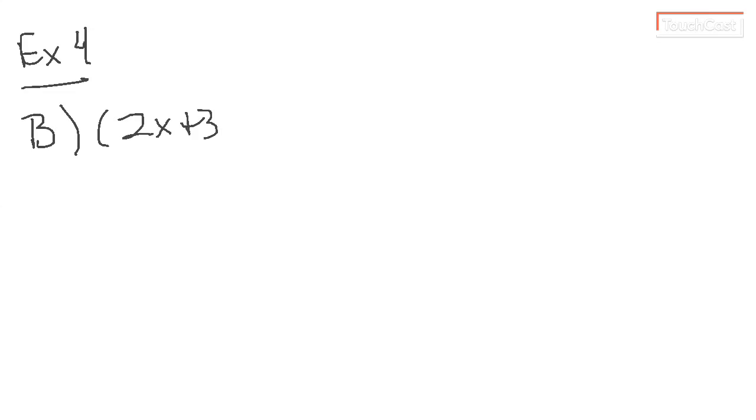I've said I've got one other method, so this is still example 4, but this is going to be 4b. And we're going to multiply 2x plus 3 by x squared minus 6x plus 5.